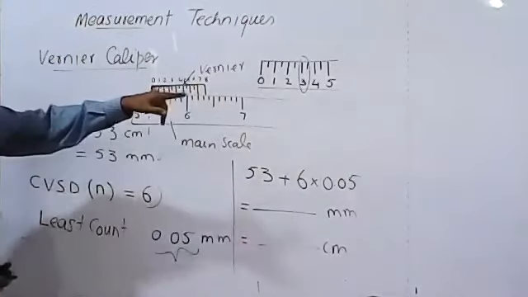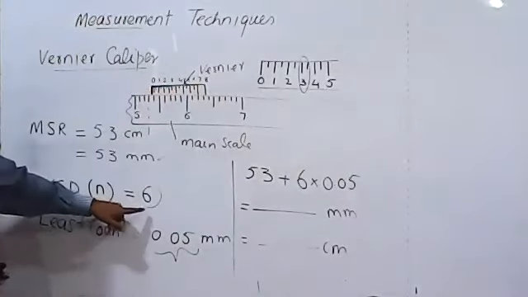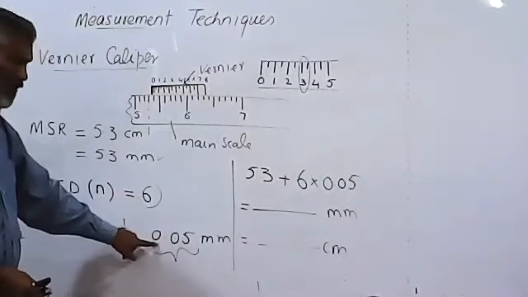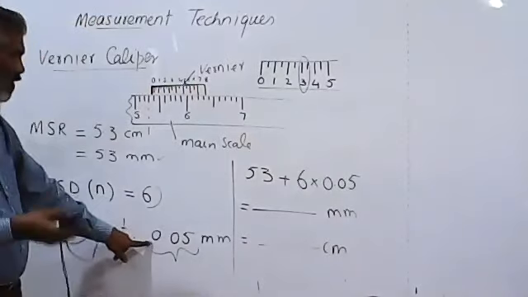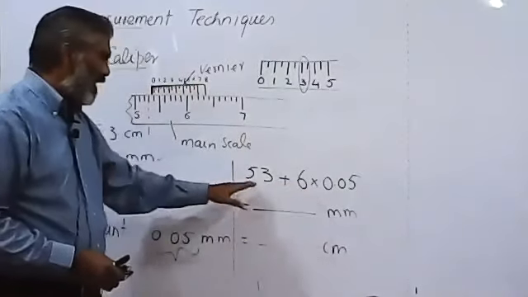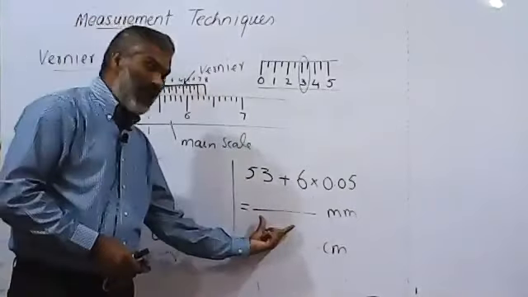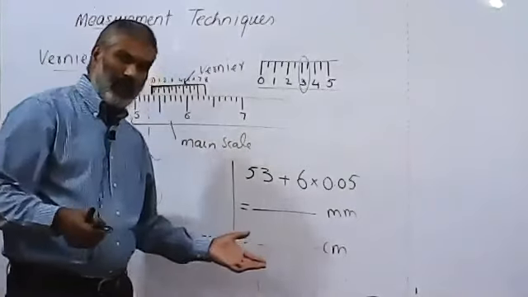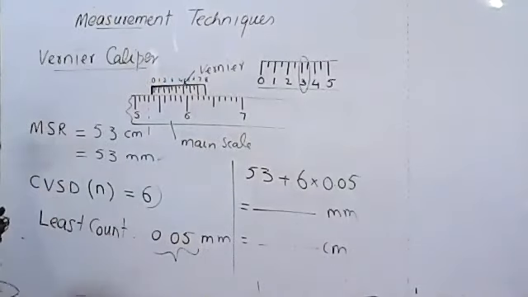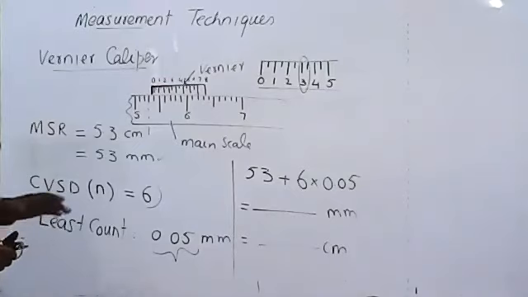If I count from 0, it is the 6th division. So I write 6 here, and this 6 is multiplied by this number, which is written on the device, on the vernier caliper, and I add this product to the main scale reading, and that is the length or the breadth or the width of that object that we are trying to measure with the vernier caliper. I stop here.